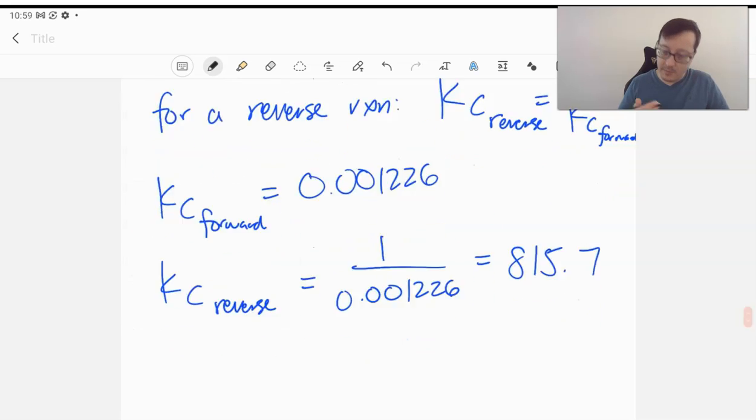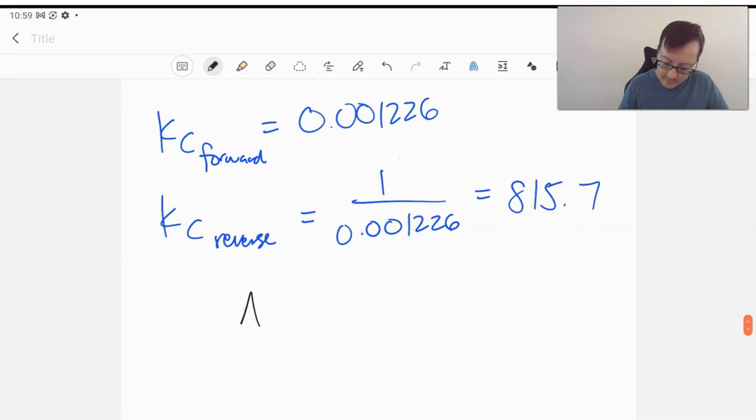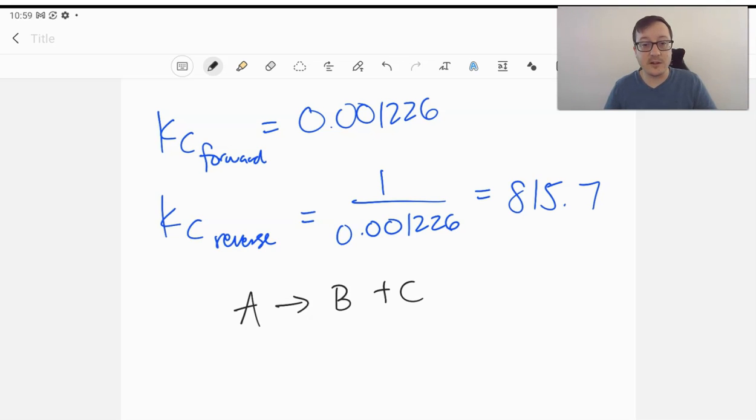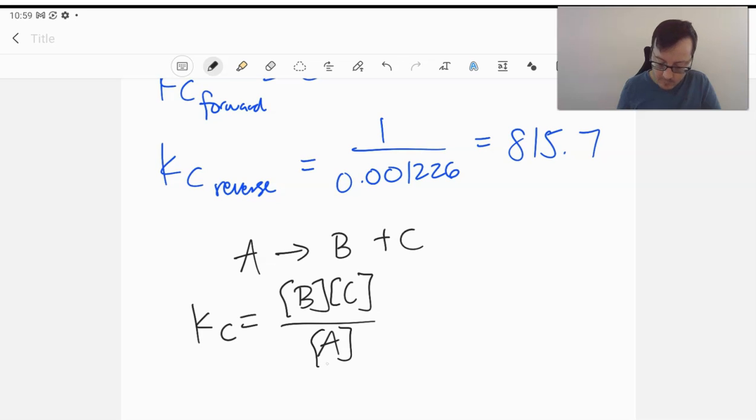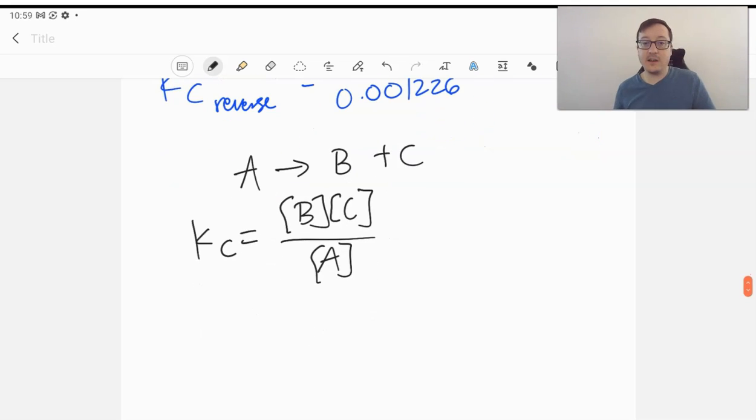I'm going to simplify this, we'll make an easier reaction for us. If this is our original reaction, well, we have Kc equals B times C over A. If we decide to increase all the coefficients, so say we want to double this reaction for whatever reason we want, we can do that.